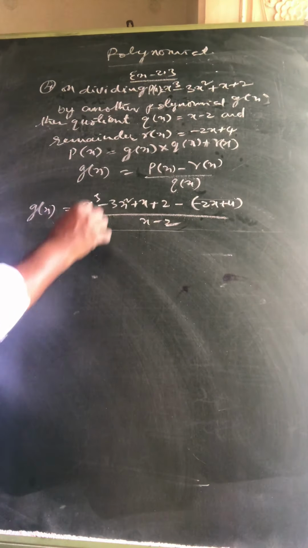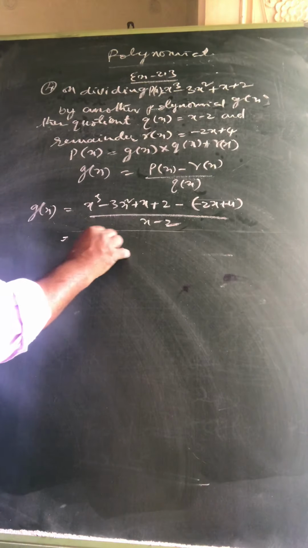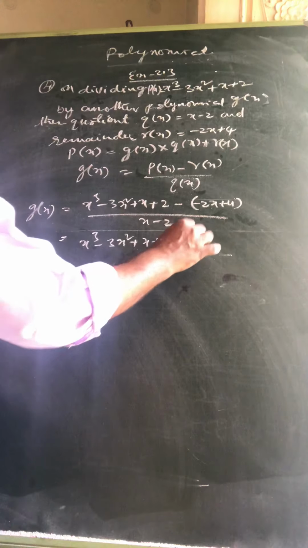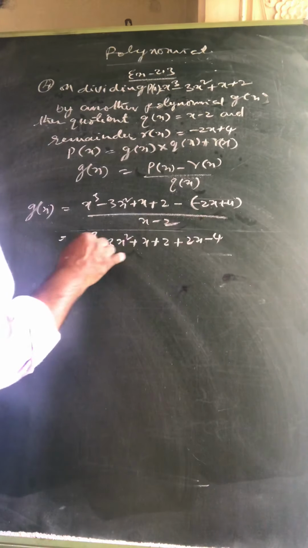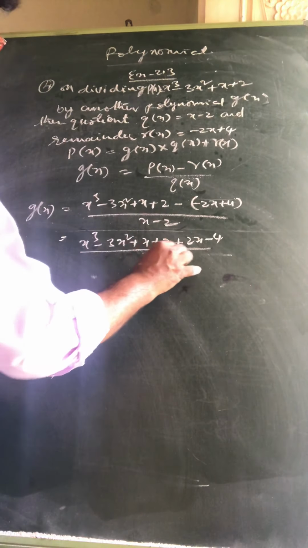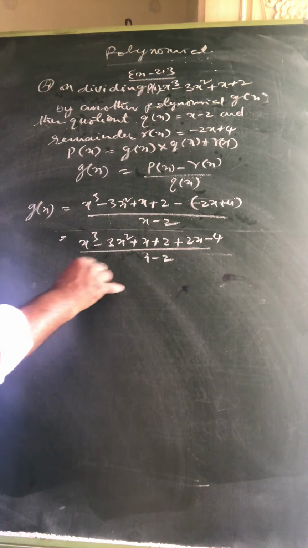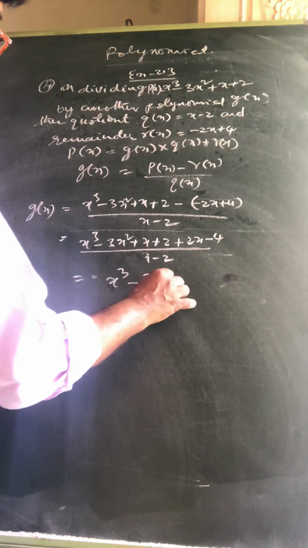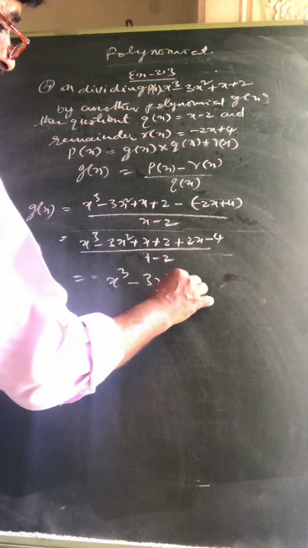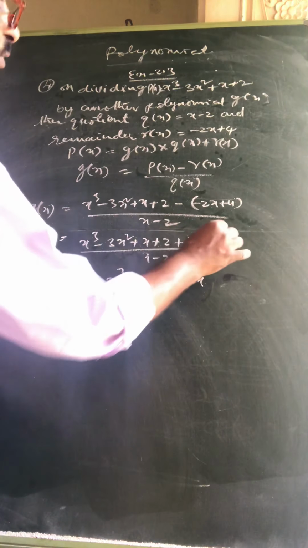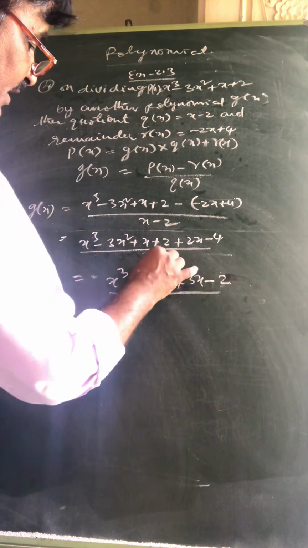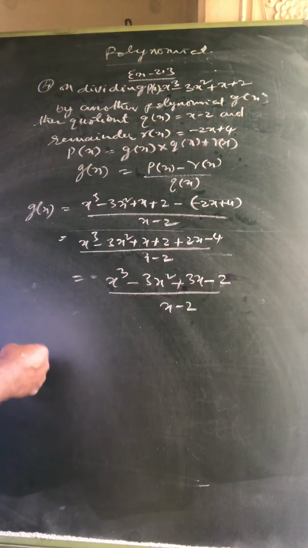Now it is x cube minus 3x square plus x plus 2 plus 2x minus 4, by x minus 2. Then simplify it: x cube minus 3x square plus 3x minus 2, divided by x minus 2.